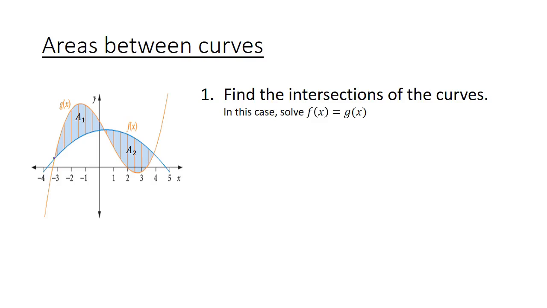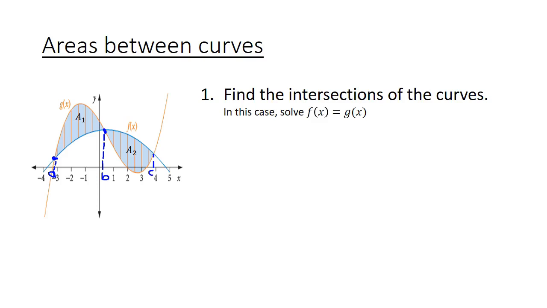So let's say A is the x coordinate for one of the intersection points, B is the x coordinate for another intersection point, and C is the third x coordinate of the intersection point.